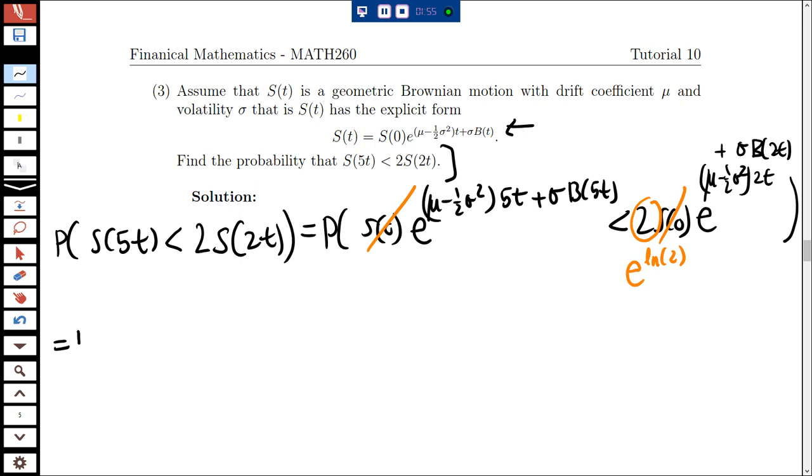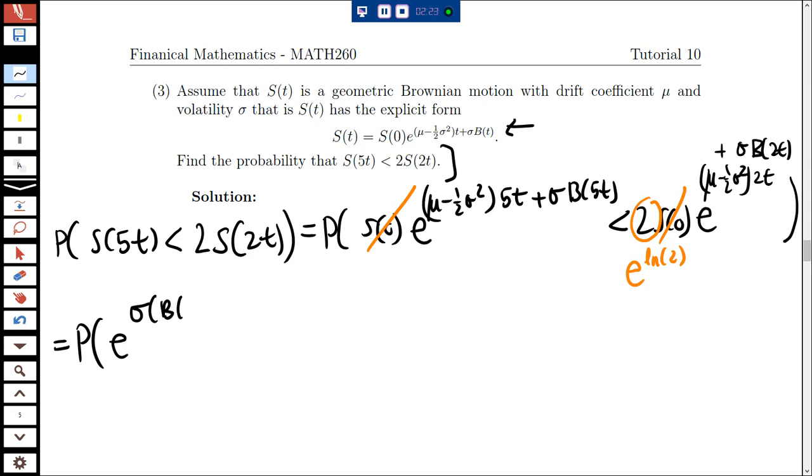So we have the probability that, okay, how should we do this? Let's put all the B of t's on the one side and the mu's and the sigmas on the other. So I'm going to try something here. I'm going to keep that.